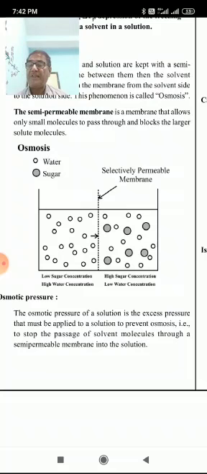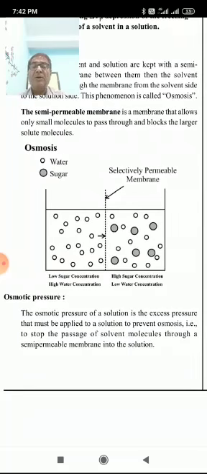The gelatinous precipitate of copper ferrocyanide fills the pores of the porous pot and acts as a semi-permeable membrane. In this diagram, osmosis is shown, that is, flow of solvent particles from a solution of low concentration to a solution of high concentration.